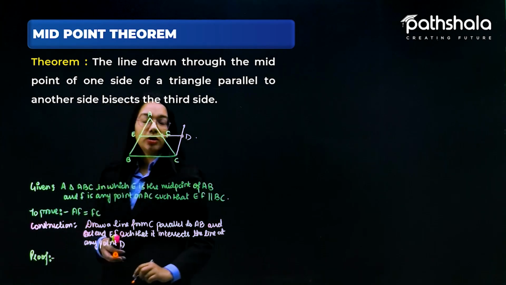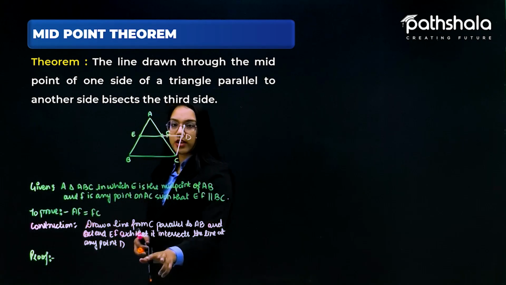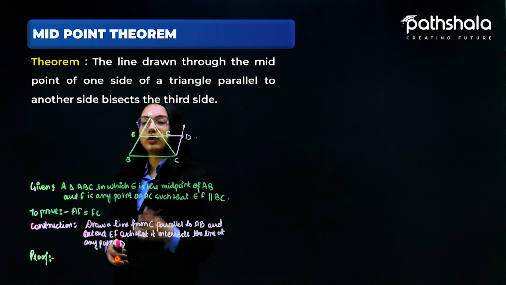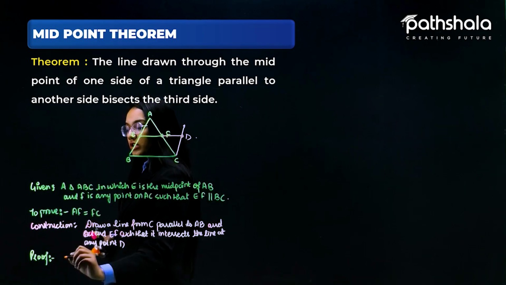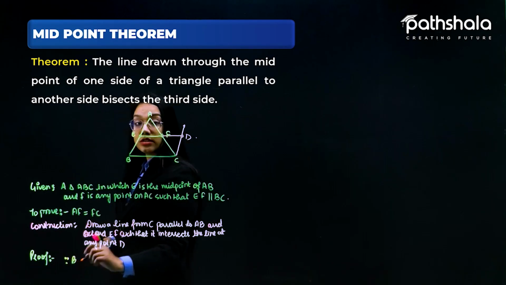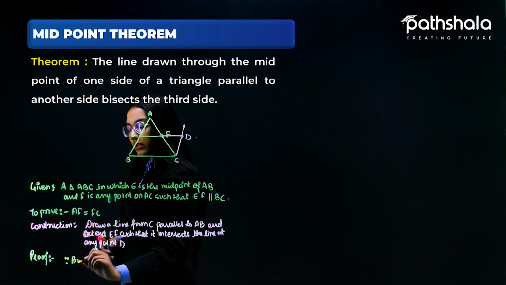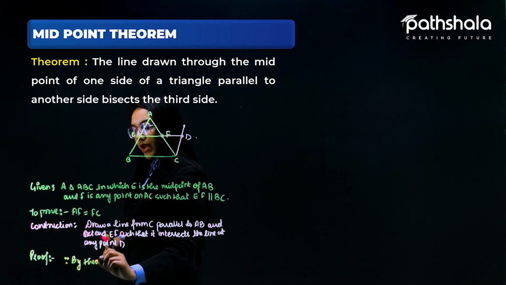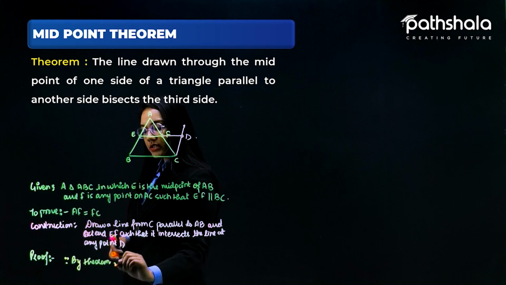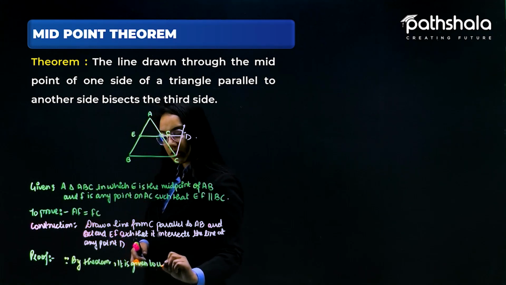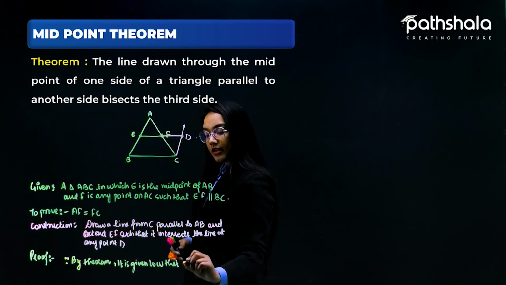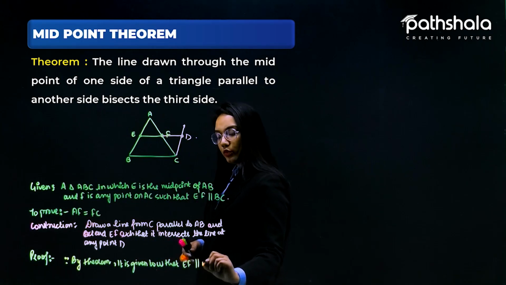First of all, it is given to us that EF is parallel to BC.